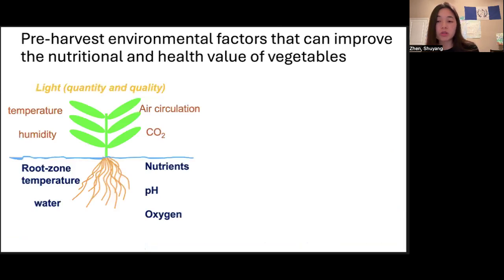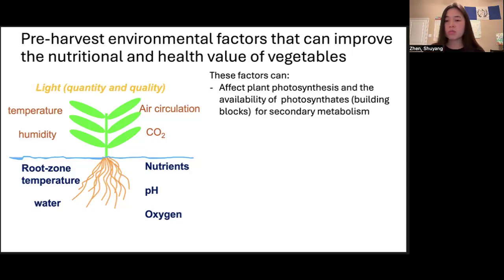We've already reviewed the factors that are important for crop yield and quality. So how do those environmental factors affect plant nutritional value? One of the common mechanisms is through directly affecting plant photosynthesis.